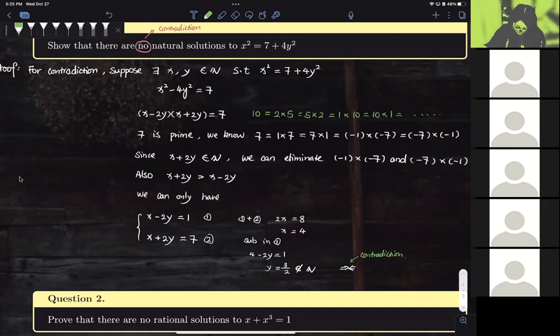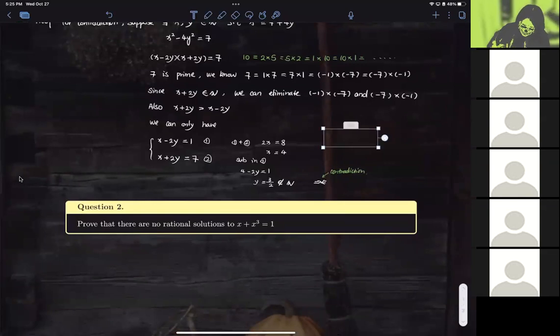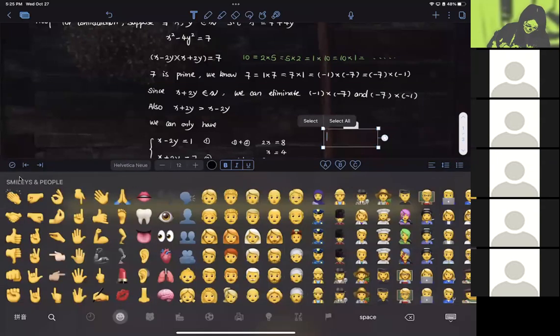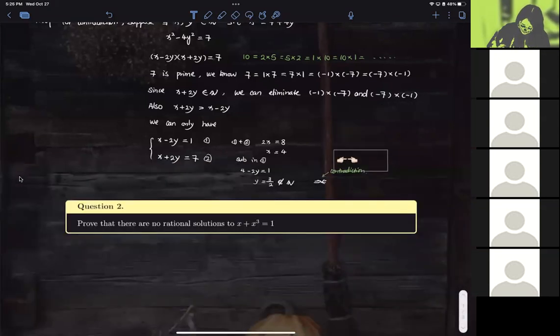Can I write a bigger symbol? Oh, it's just two arrows facing each other. So what we were saying is this emoji. Yeah, basically like this.